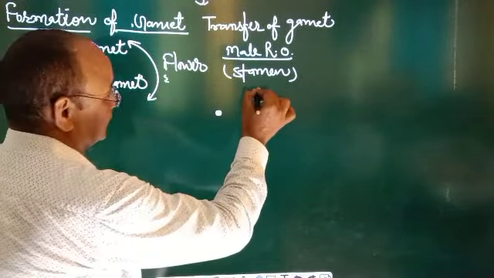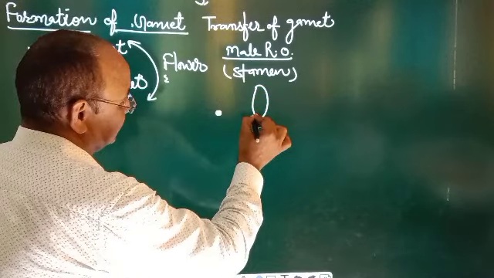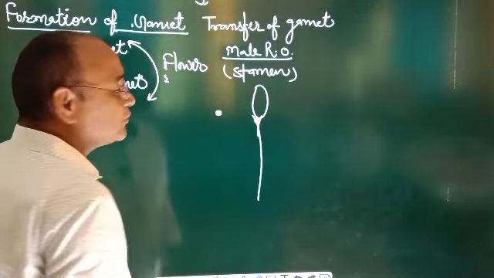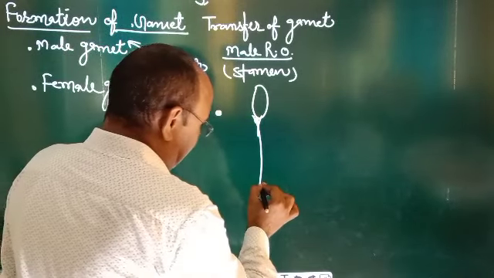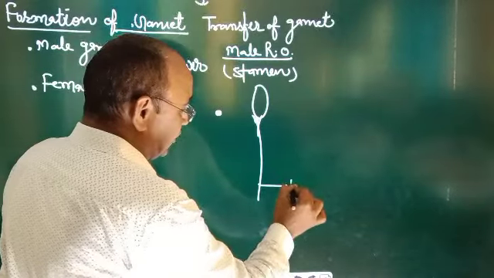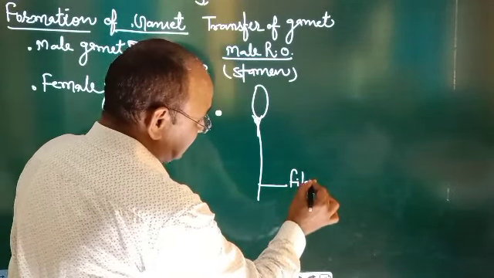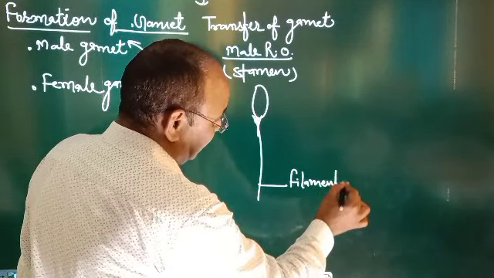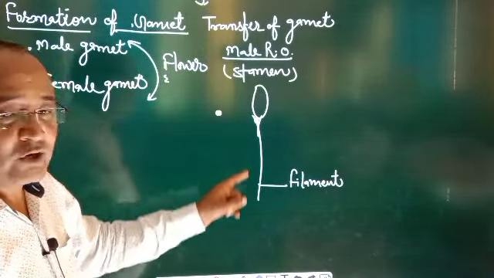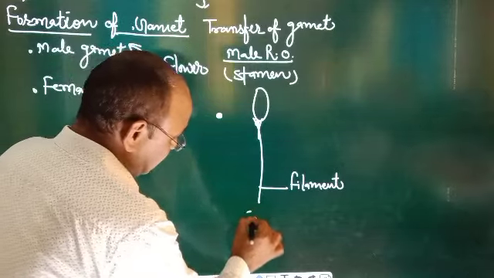Now it is structure of stamen. Stamen is divided into three parts. It is filamentous part, so it is known as filament. So first part is a filament. It is a basal part of stamen.